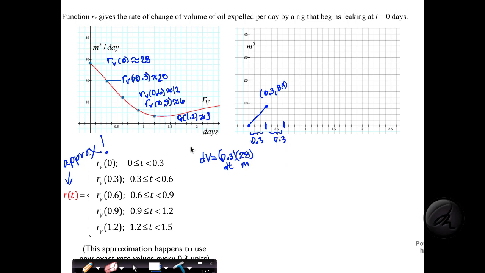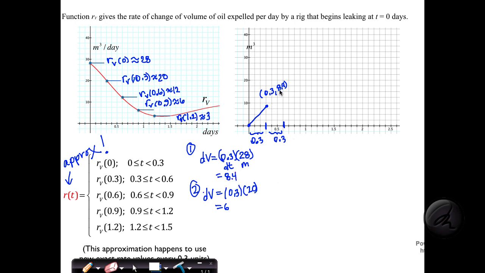So for the second interval, if I go all the way across that 0.3 days, I'd increase vertically by 20 times as much, 20 times 0.3, which is 6, instead of 8.4 that we got the last time.